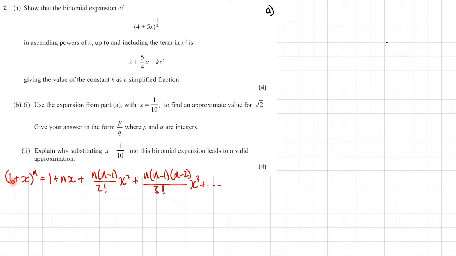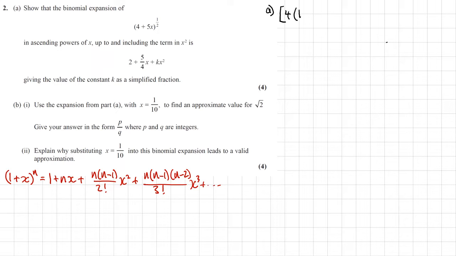So first we need to write our bracket in this form. So we want 1 plus something x. We can have a number there, that's fine, but we need to make that first number 1. So the way we're going to do that is start by taking 4 out of the brackets.